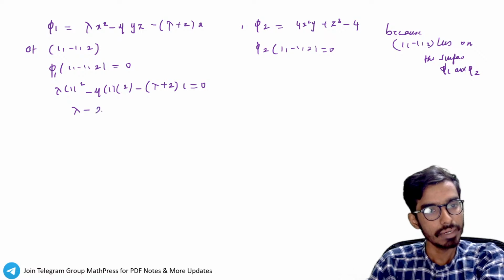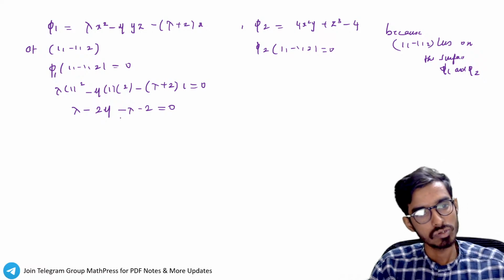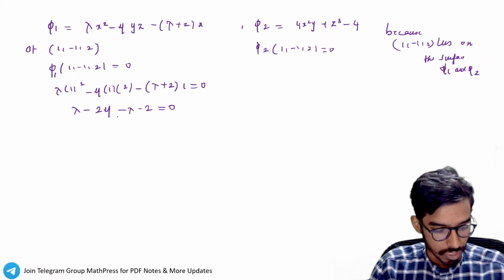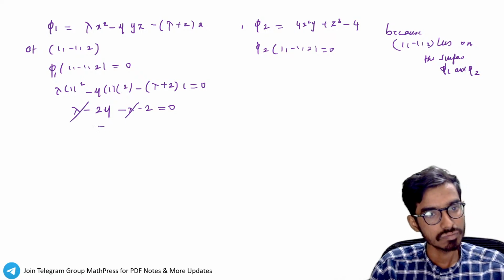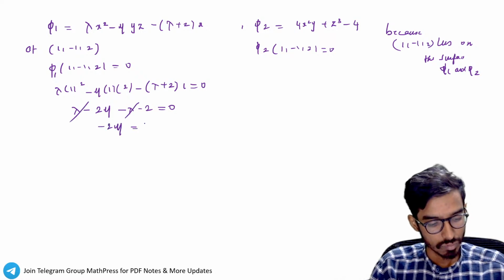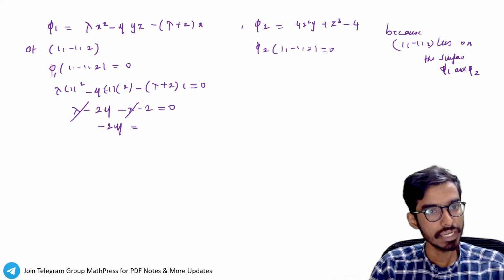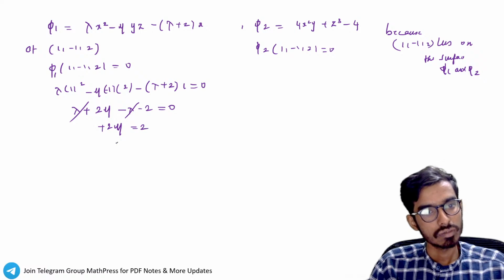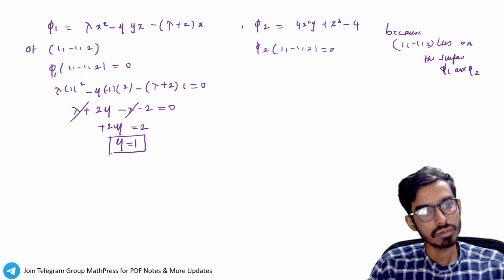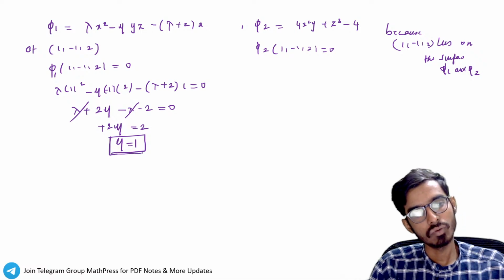So we have lambda plus 2 mu minus lambda minus 2 is equal to 0, so 2 mu is equal to 2. Sorry, this minus should be plus. So that means mu is equal to 1, right?